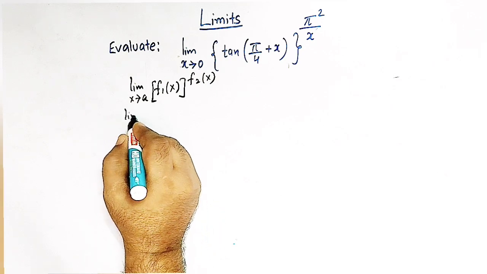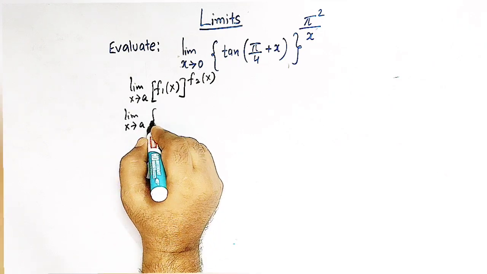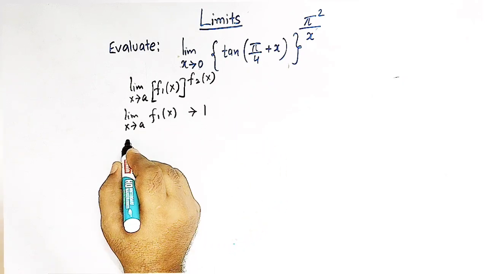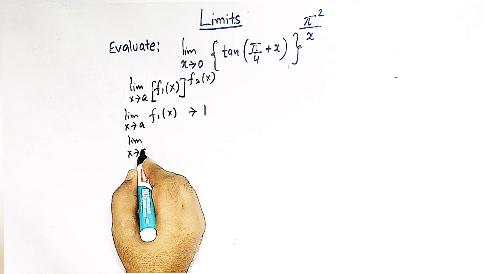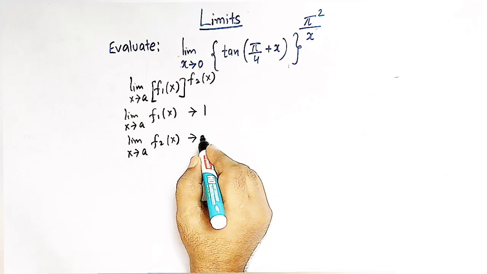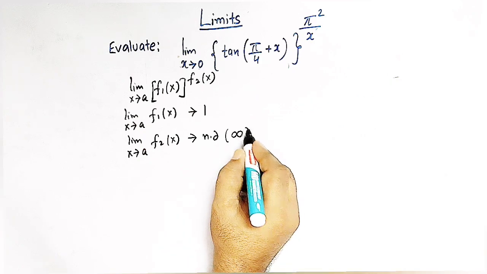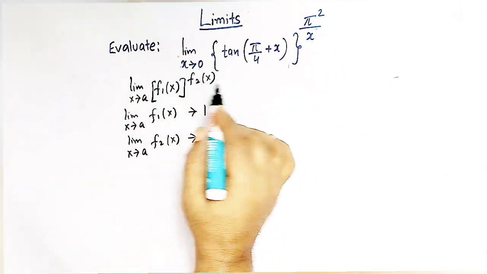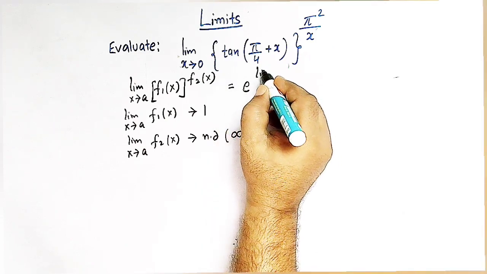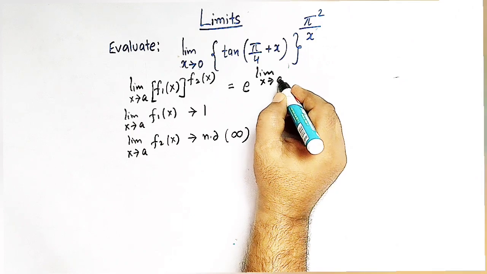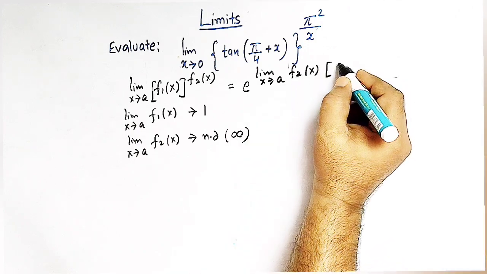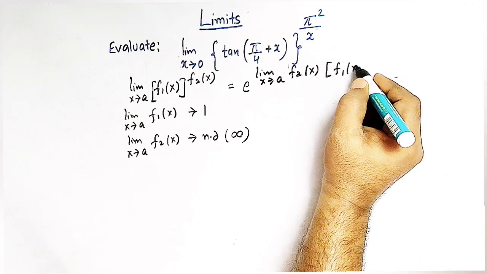And if limit x tends to a, f1x is equal to 1, and the limit x tends to a, f2x tends to not defined or infinity, then this limit can be evaluated by using this result, that is e raised to limit x tends to a, f2x multiplied with f1x minus 1, right?